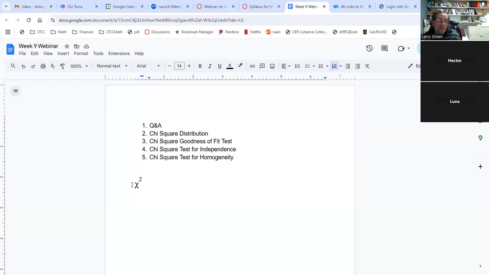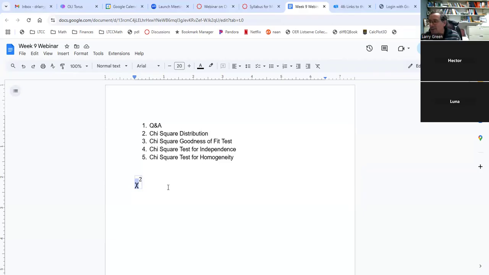So just to note, this thing right here is chi-squared. You might recognize that 2 on the top is usually called squared in mathematics, right? And this is a Greek letter. I'm not the one that names this stuff, so don't get mad at me.